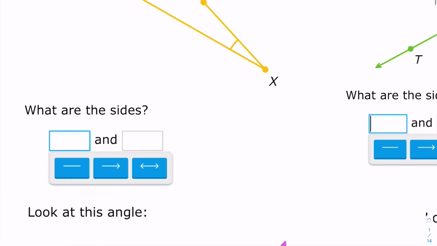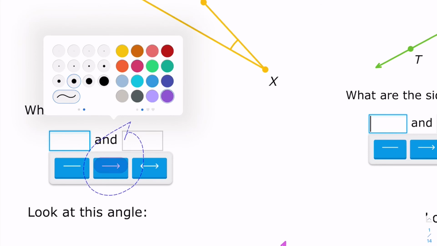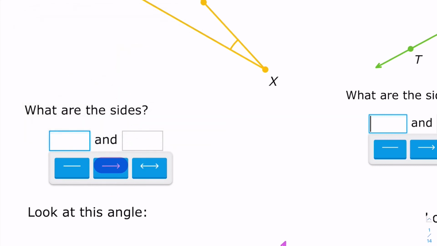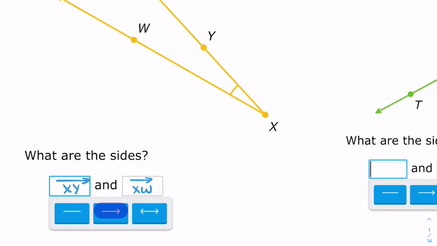So I'm going to click this key right here for both of these. Let me change that color. So we're going to say that this is ray X, Y, and ray X, W. Again, you always have to start at X for this example because X is a vertex.